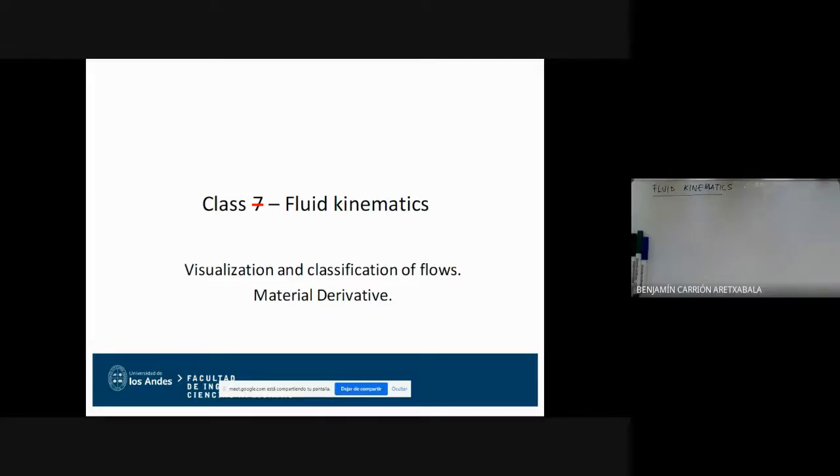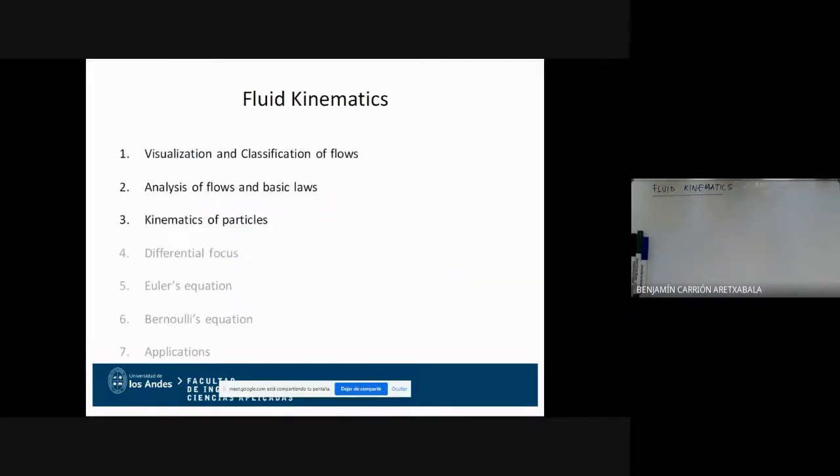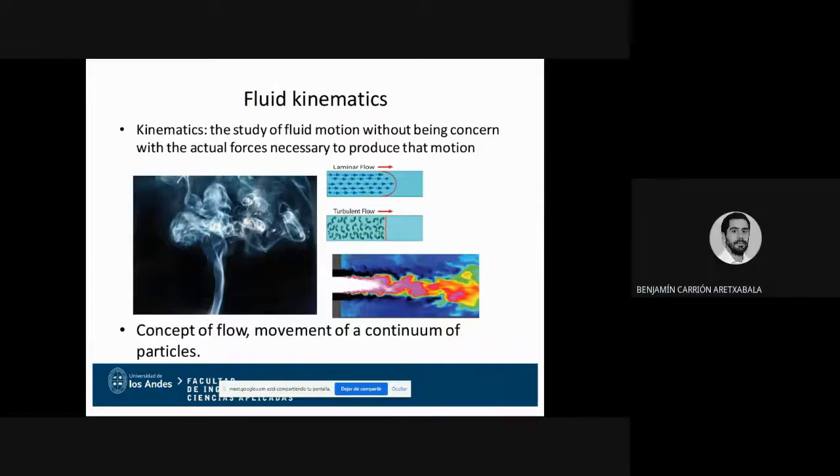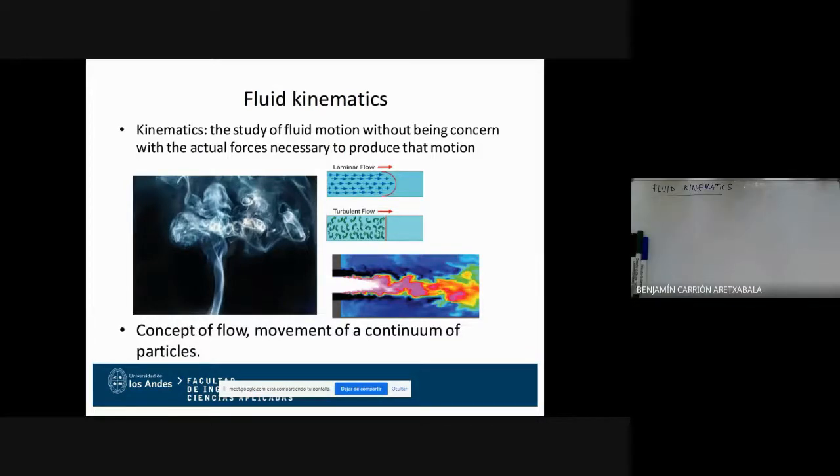Okay, so let's get into kinematics. This is more or less how the chapter is split. Today we're only going to see the first few points, actually up to point 4, but we're going to get into the basics of kinematics. Kinematics has to do with velocities, right? This is typical physics.